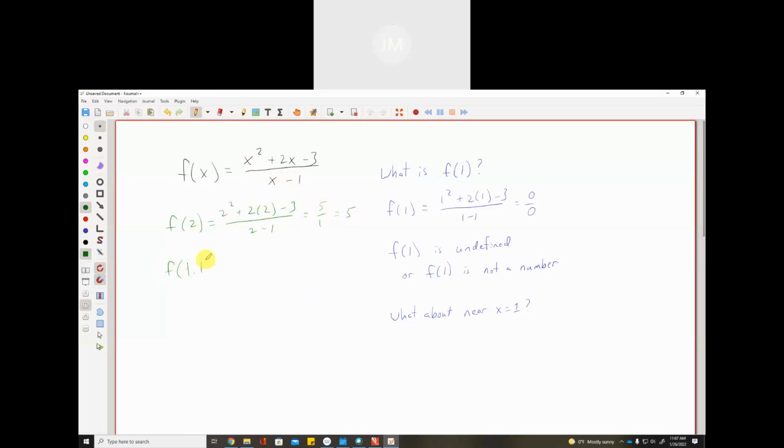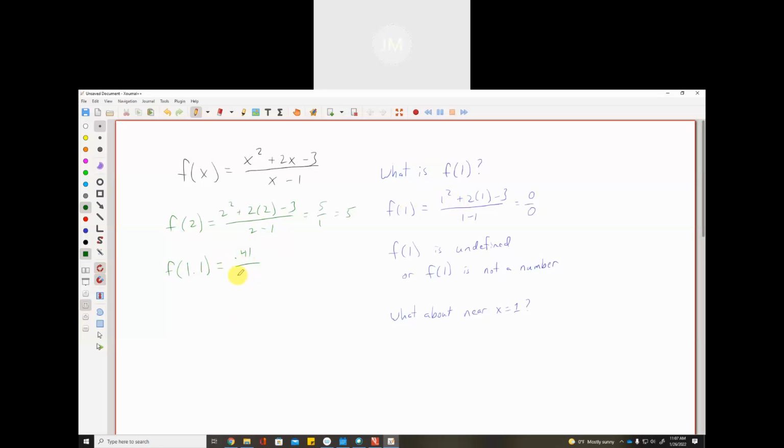Maybe something really close, like f of 1.1. Okay, and maybe I want my calculator to help me out here, because I don't want to do 1.1 squared. So I take 1.1 squared plus 2 times 1.1 minus 3, and we get 0.41.